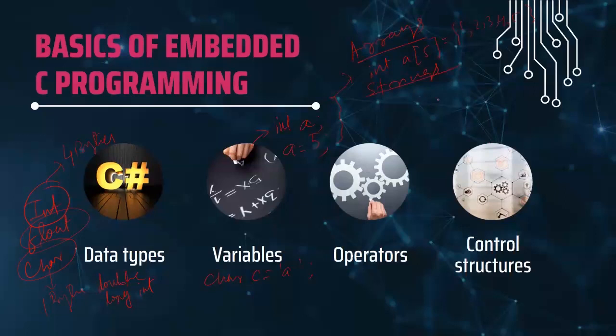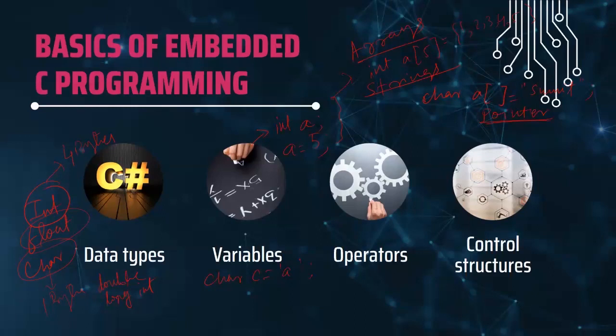For example, I can write char a[] and anything can be there, say Sumit. This is a string.